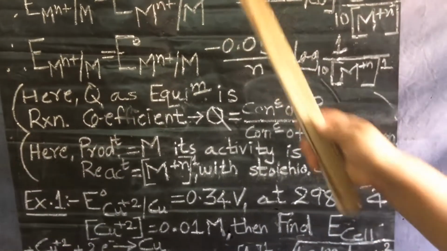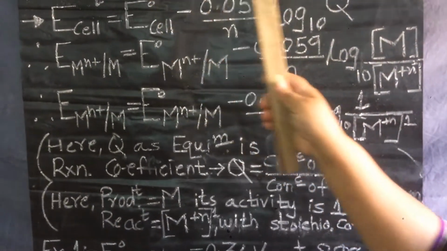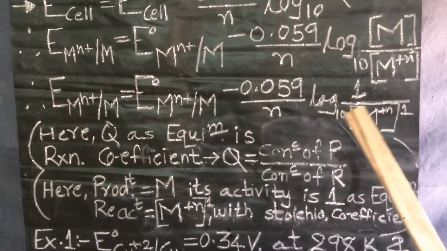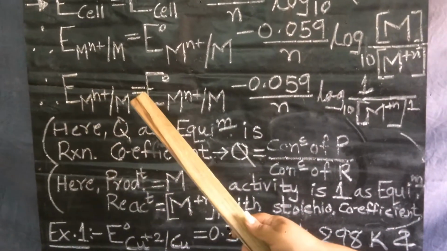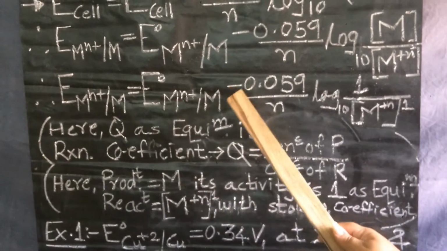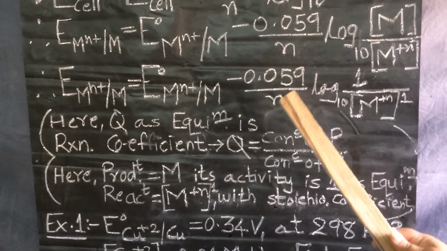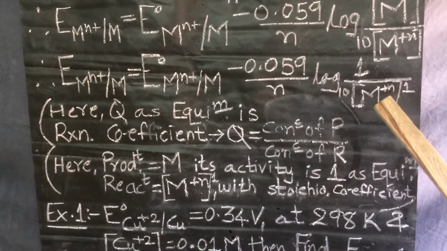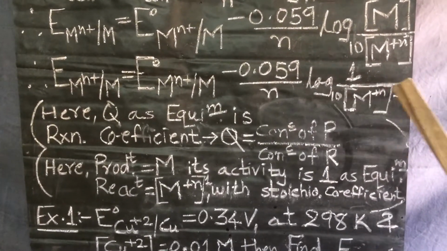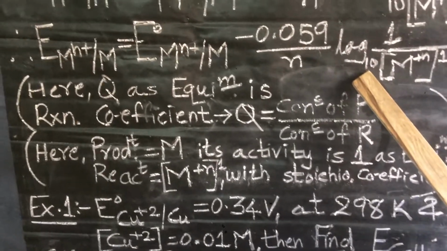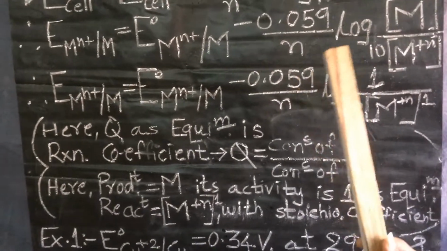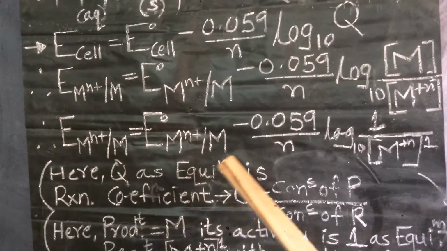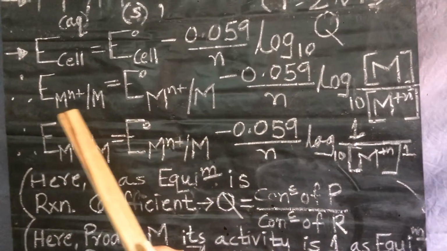And thus, for the half cell in relation to the standard hydrogen electrode, the Nernst equation is developed as E cell equals E standard cell minus 0.059 upon n log 1 by M plus n to the coefficient power, to the base 10. So whenever the cell potential for the half cell is to be calculated, the Nernst equation is given this form.